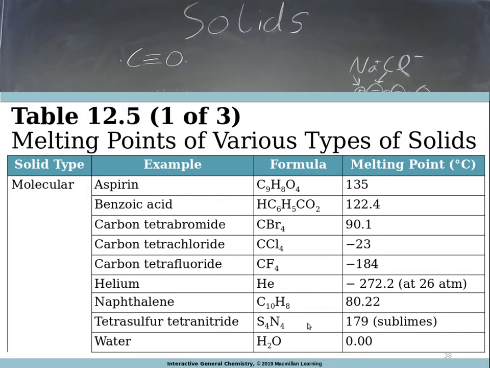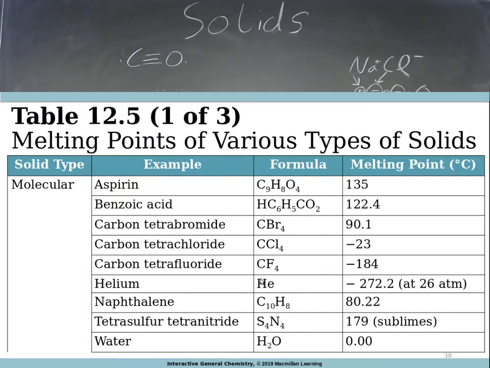If we look at each of these different classifications, we can get a bit of an idea for their properties. Molecular solids actually are the most diverse category here. You can have small ones like helium. The helium atom itself is the second smallest atom that we have, and it's going to have an extremely low melting point, within less than 1 degree of absolute zero.